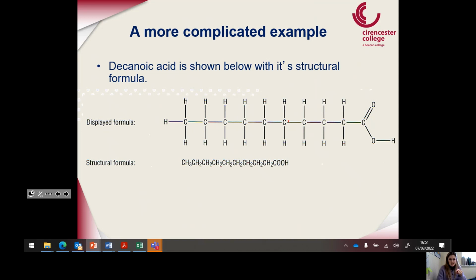Some of my first years in today's lesson have figured this out already. There's the structural formula for decanoic acid. Can you think of a way that you might squish that down to make it even simpler? Because we're just trying to save time here. I'll give you a hint, it includes brackets.